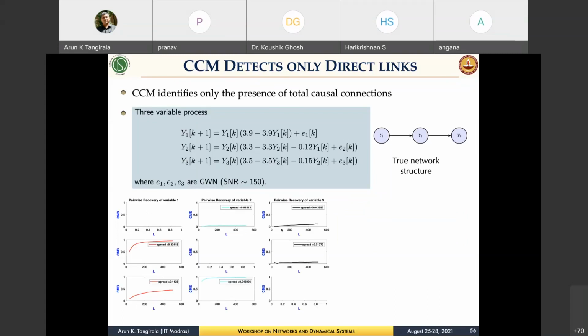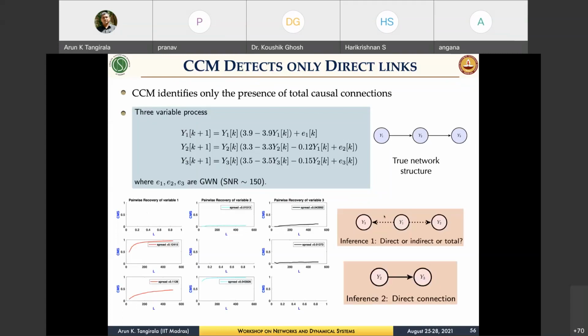The other possibility is that Y2 affects Y3. Maybe there is a direct connection. That's the second possibility. Additional inference that you draw is Y2 affects Y3. So we have to somehow combine these two. In the first one, there is an ambiguity. I'm not so sure, given this second possibility, whether Y1 affects Y3 indirectly or directly. That is not clear.